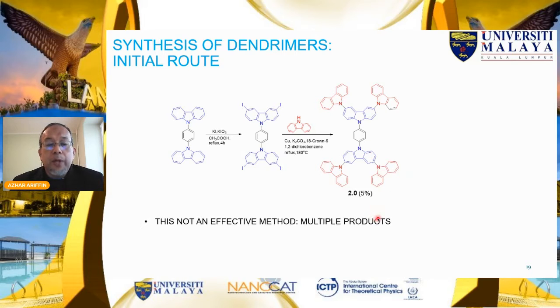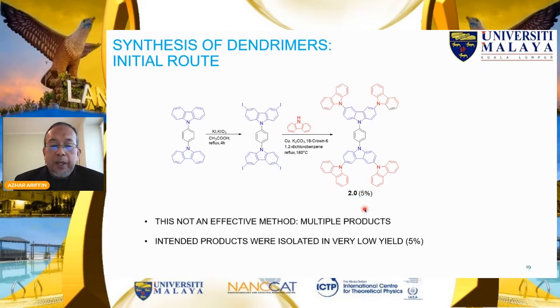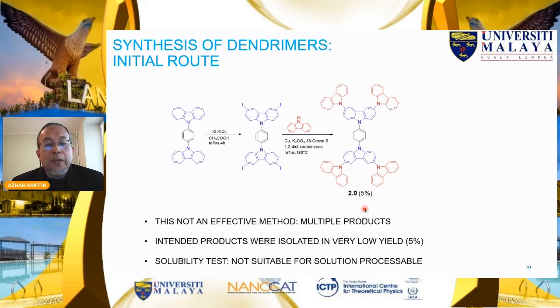We got multiple products, and the intended product we got only in 5%, which is very low from the organic synthesis point of view. Not only that, we also discovered that this compound has a solubility issue, so it is not suitable for solution processing. Due to that, we had to modify the structure to make this molecule solution processable.